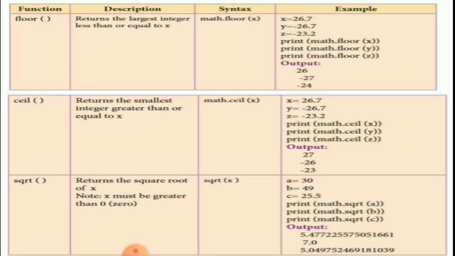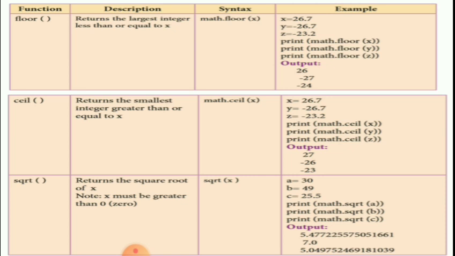See, x is equal to 26.7, y is equal to minus 26.7, then z is equal to minus 23.2. Here we got the output 27, minus 26 and minus 23. We know that the ceiling function returns the value greater than or equal to the given value.